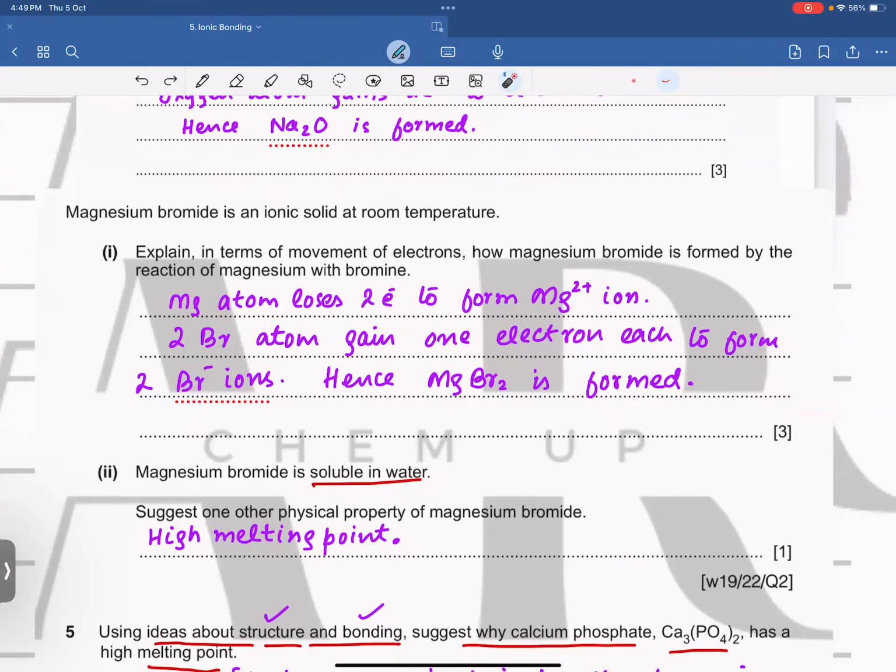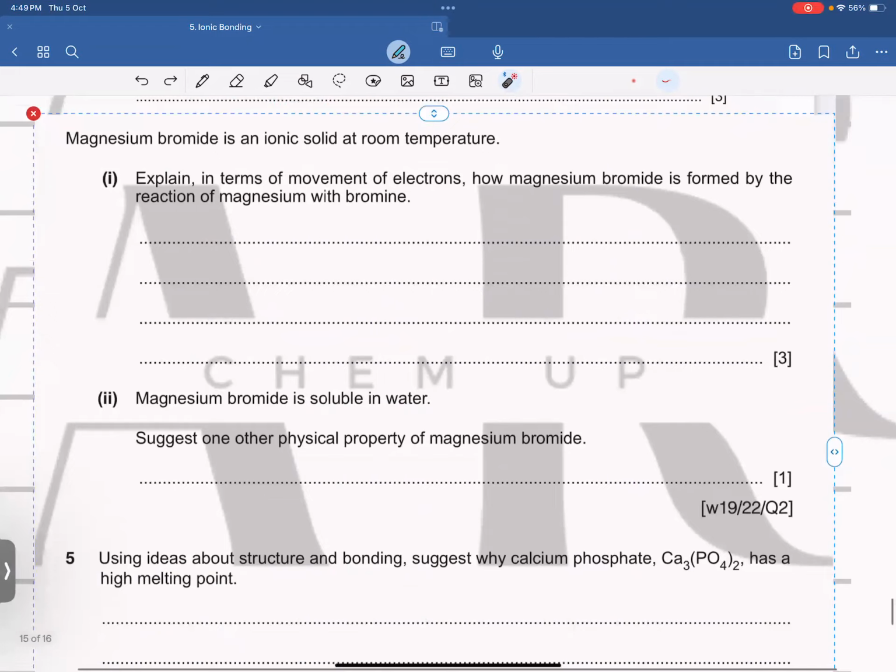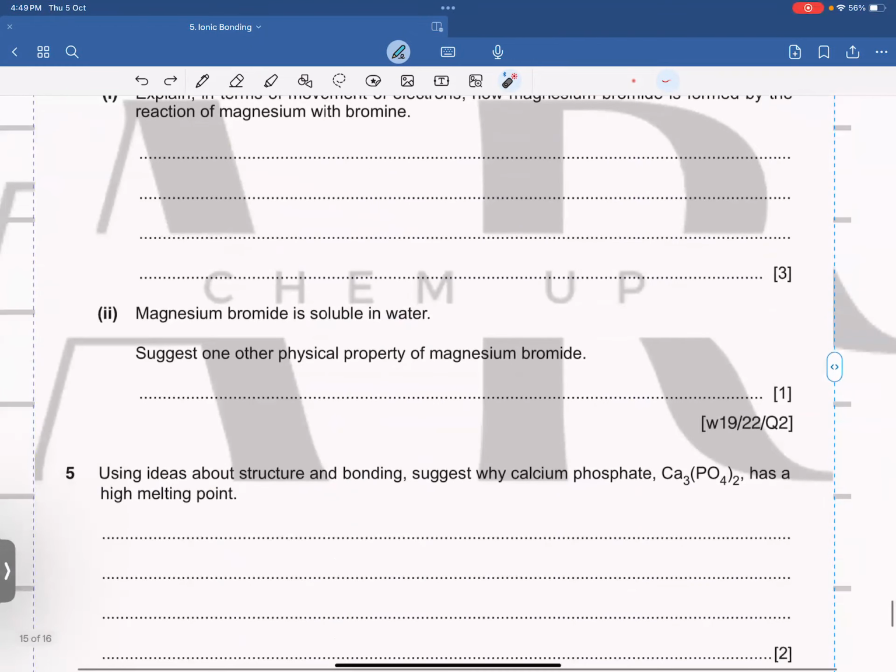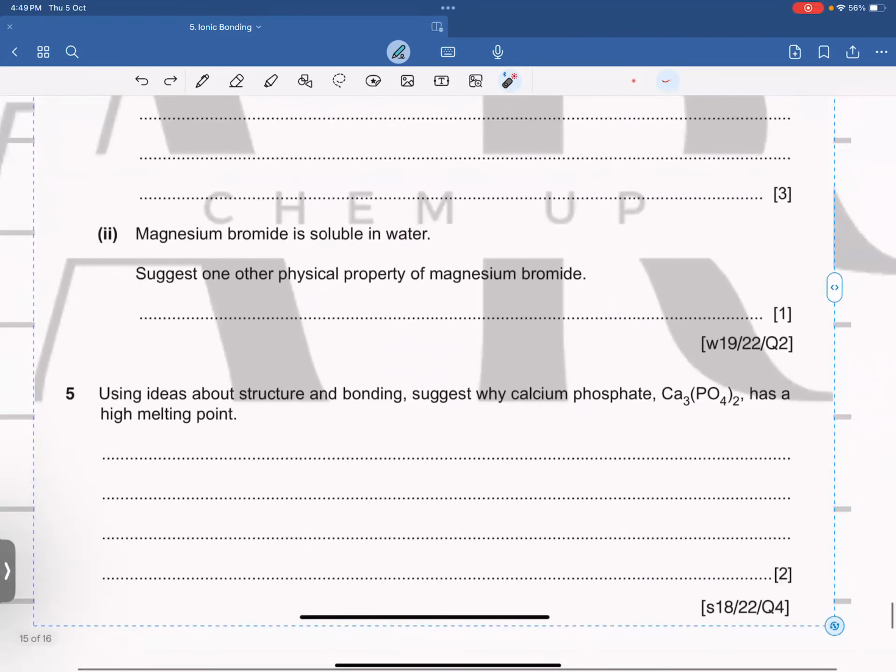Now, what answer are you going to write for this one? See, using the ideas about structure and bonding, suggest why calcium phosphide has a high melting point. Because they have a giant lattice structure and they are bonded with numerous ionic bonds. Their force of attraction is greater. Very good.